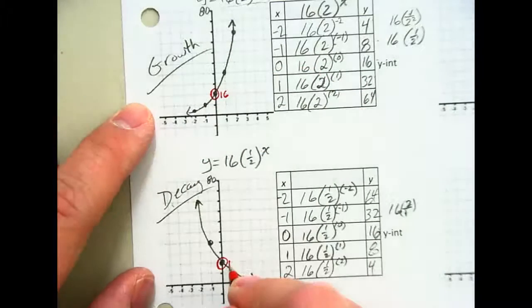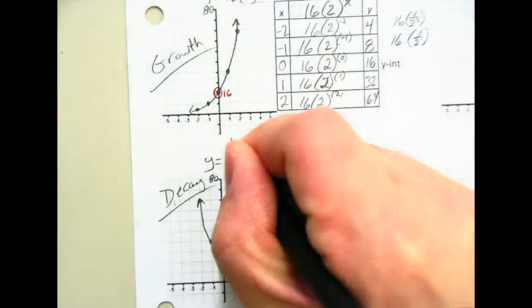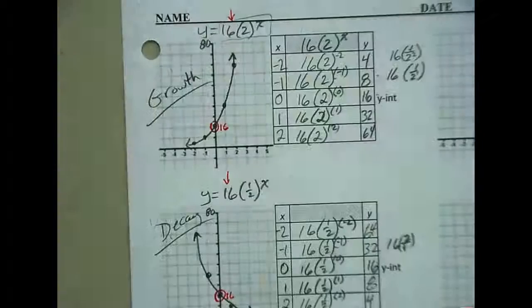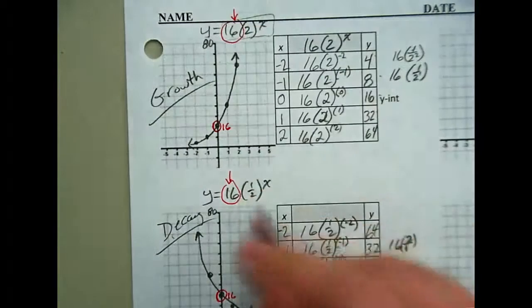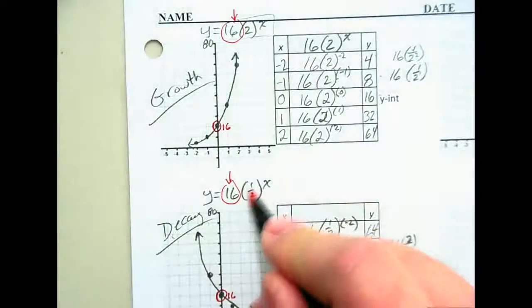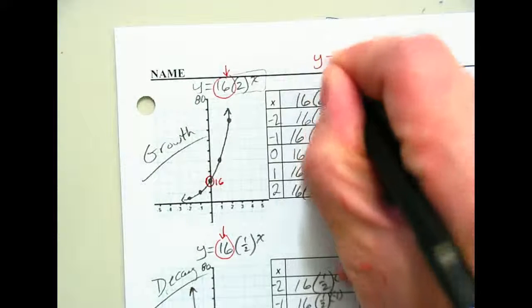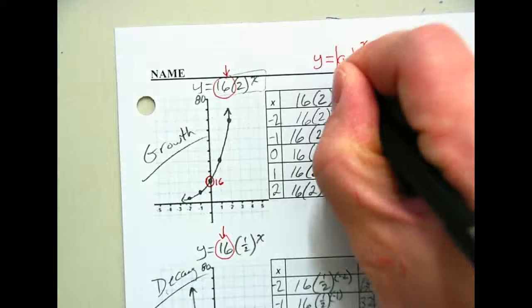No? 16 there as well. Where could we have found that number 16 in our equation? That number is always our y-intercept. Whatever number is out in front of this thing, we actually look at this in the form of y equals ab to the power of x. A is always your y-intercept.